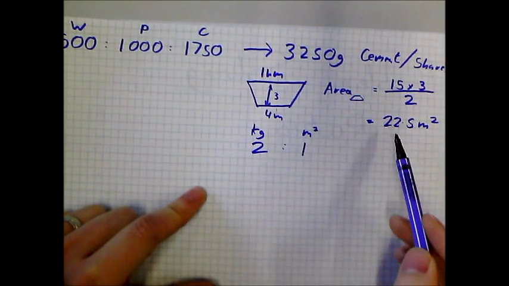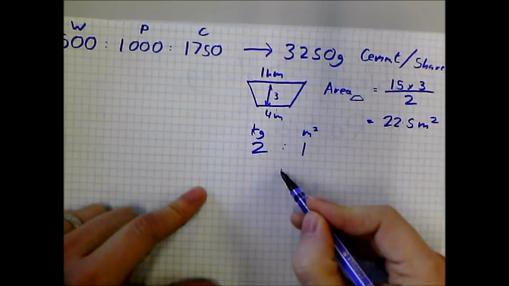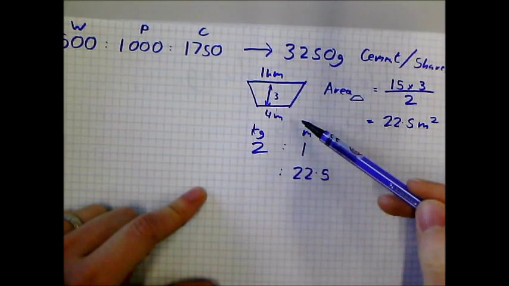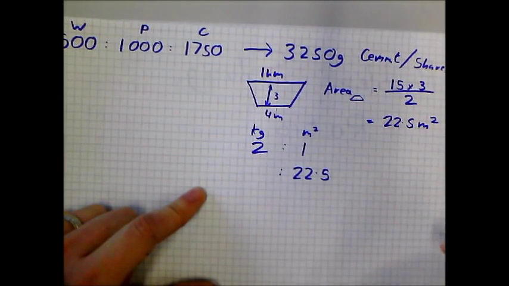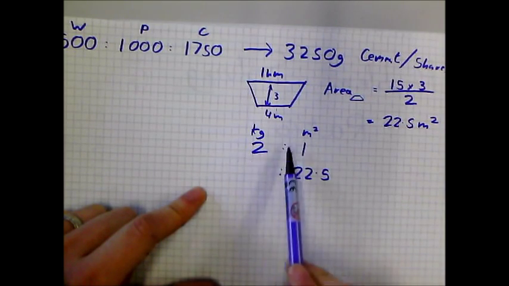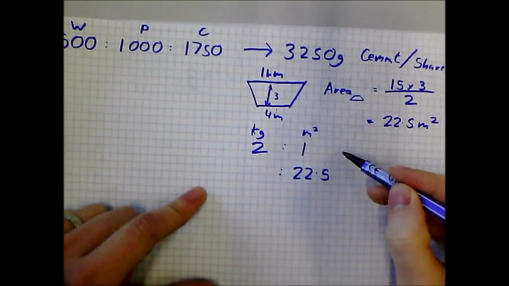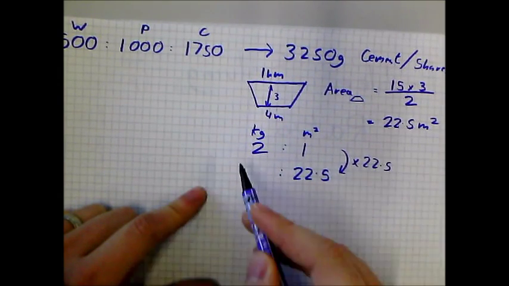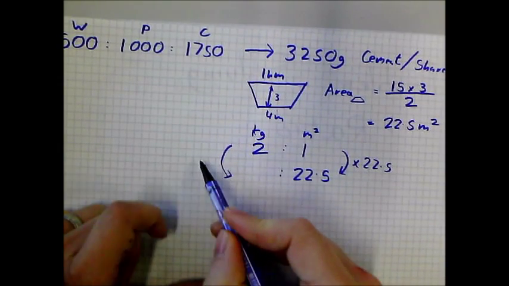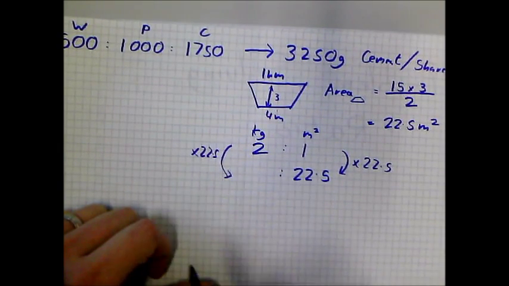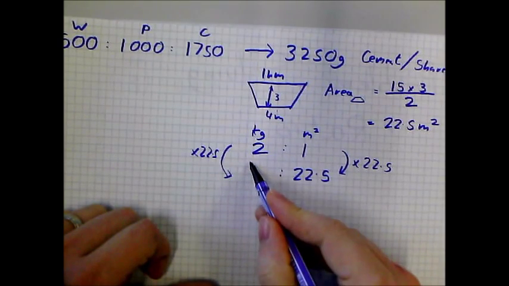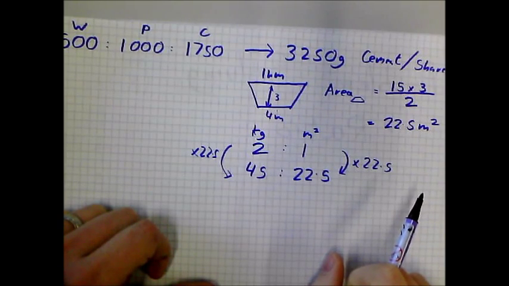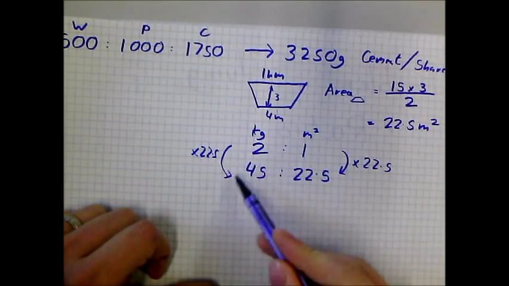We want to cover 22.5 meters squared, so we're going to put this underneath our area part of the ratio, and I want to see how much cement we need. To go from 1 to 22.5, we've multiplied by 22.5, so I'm going to do the same to the right hand side. 2 times 22.5 is 45 kilograms. So this is how much cement we're going to need.